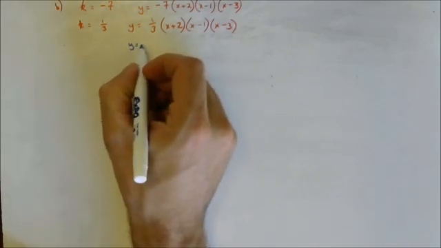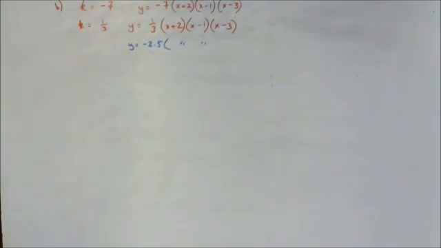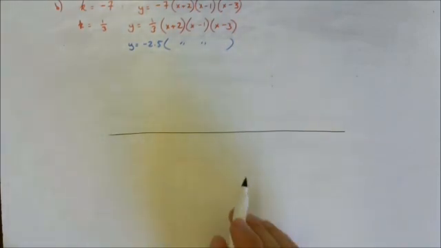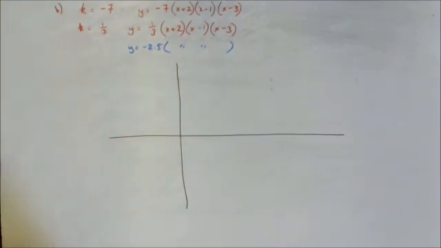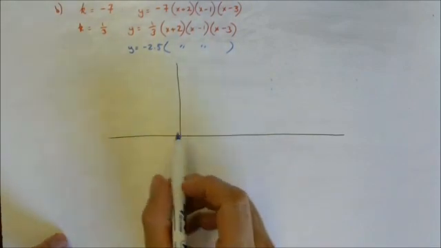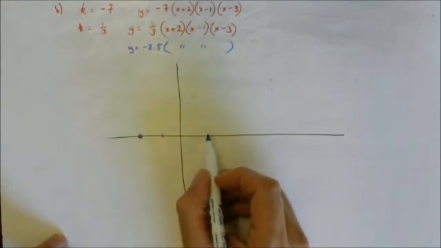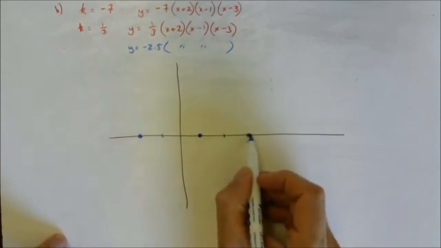I'll leave those two functions on there, and the last one we created was negative 2.5 times all that. And actually you can go ahead and mark your x-intercepts. You should have x-intercepts at negative 2, positive 1, and positive 3.